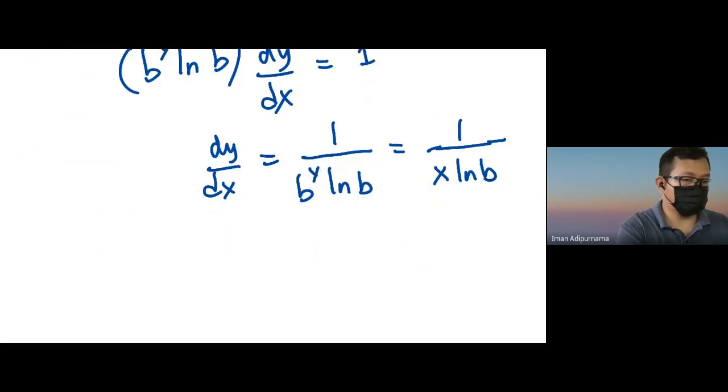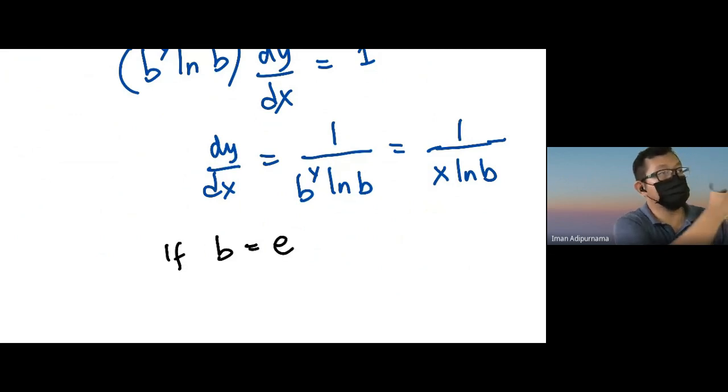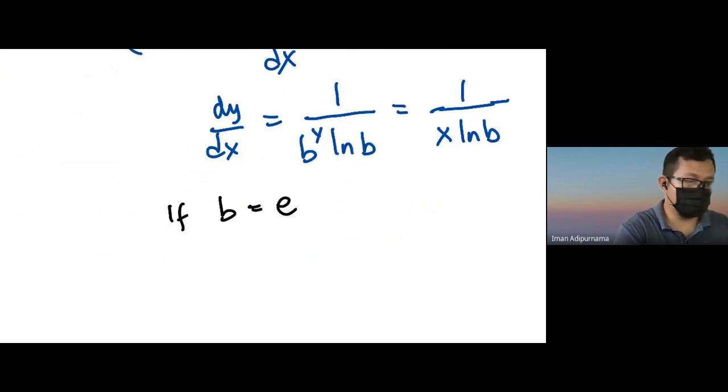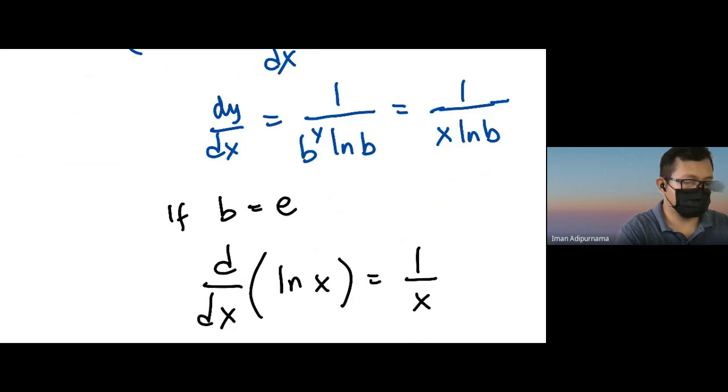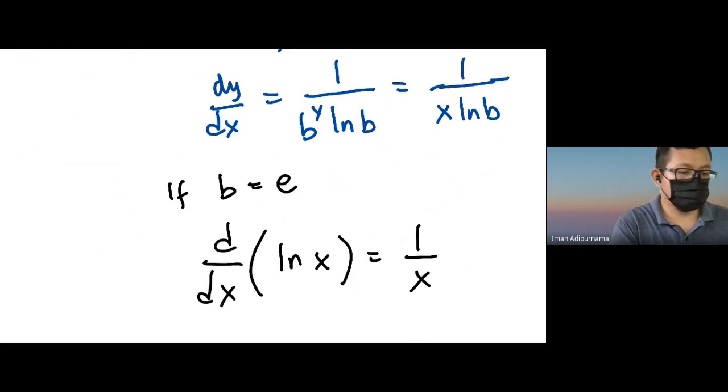Again, if we put b equal e as in our definitions, then d dx of ln x will become 1 over x. And I think this is another important derivative.